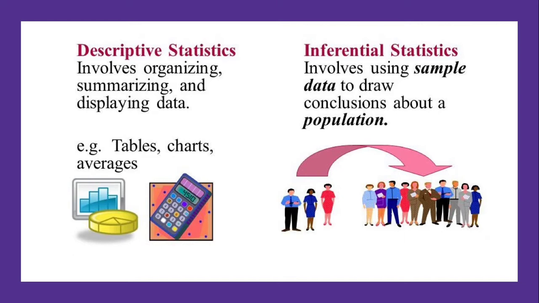Now they may use some inferential statistics just to show differences in, say, those initial descriptive statistics to show that the groups are equivalent. But when we're using inferential statistics, that's where we're using sample data to draw conclusions about a population. So you're going to see later in this lecture that as you read over those manuscripts, they're going to present some inferential statistics and try to make some inferences about a population.